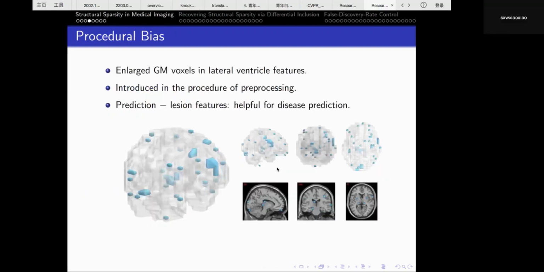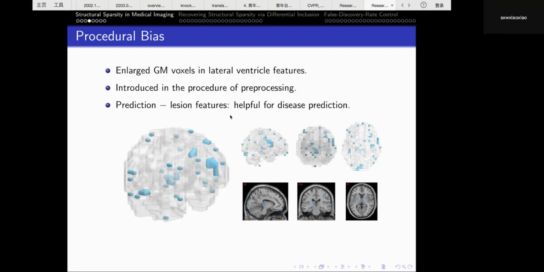Specifically, take Alzheimer's disease as an example. There exist some enlarged voxels in addition to the degenerated gray matter voxels. These voxels, as we previously introduced, are introduced during the procedure of the preprocessing, hence are called procedural bias, and they account for the gap between the prediction and the lesion features selection.